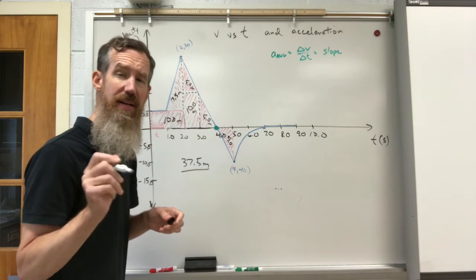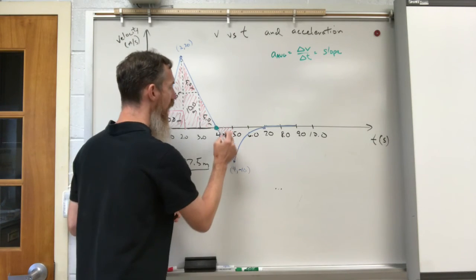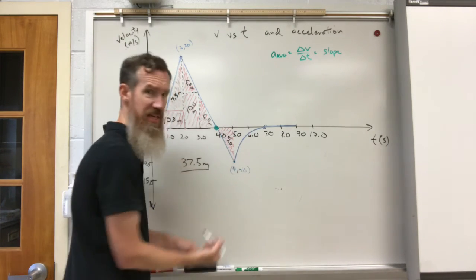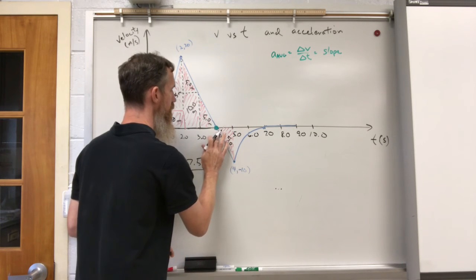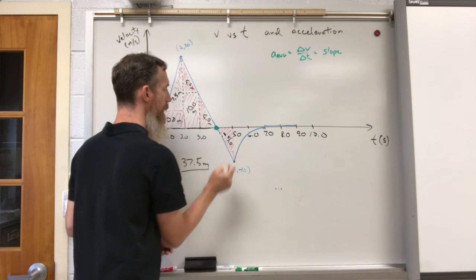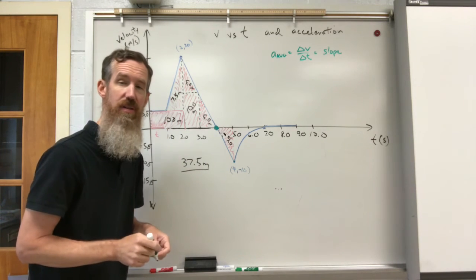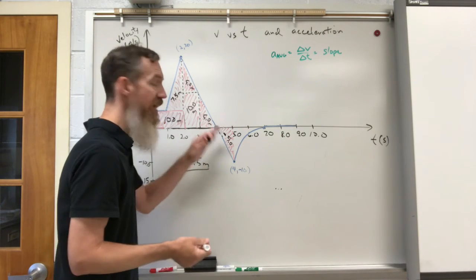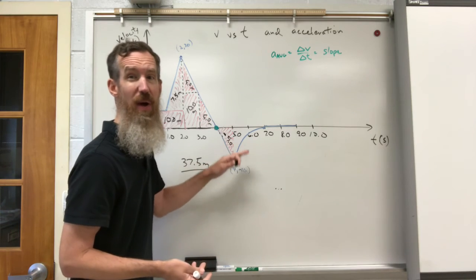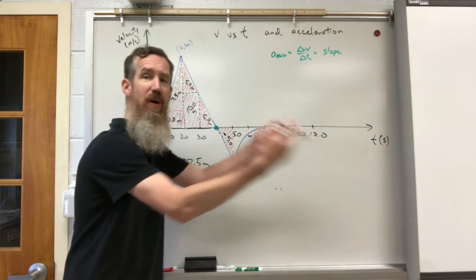But what you need to know is if the area is under the t-axis, this is considered negative area. I'm going to get rid of this 4.0 a little bit. So this is actually an area worth minus 5. So any areas under the t-axis are negative, because you're traveling backwards. You're going back the way you came. So you went so far, now you're traveling back.